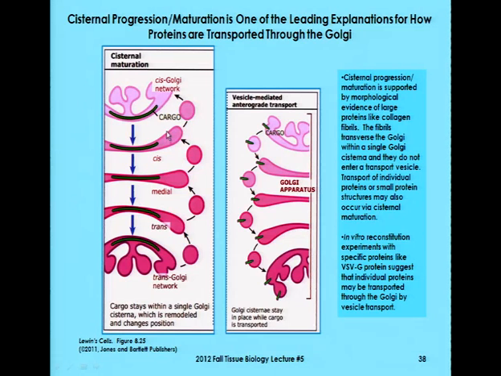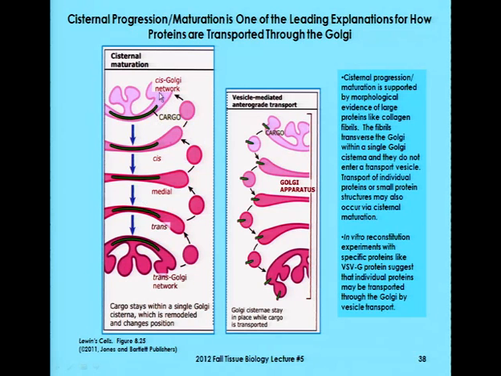In EM studies, it's been shown that collagen fibrils will stay within a single Golgi cisterna, and that cisterna will then be gradually remodeled and will change position from the cis Golgi network to the trans Golgi network. And it's thought that even individual membrane proteins can undergo such a transport through the Golgi.